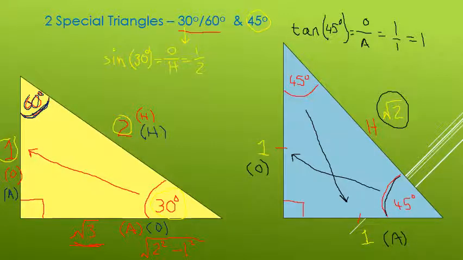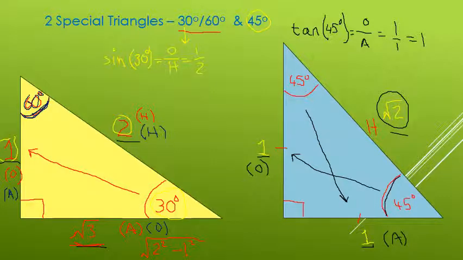Most people will try and just remember the three numbers together, so over here we've got 1, 2 and root 3 as a triplet or a triad, and in the 45-degree triangle we've got 1, 1 and root 2.